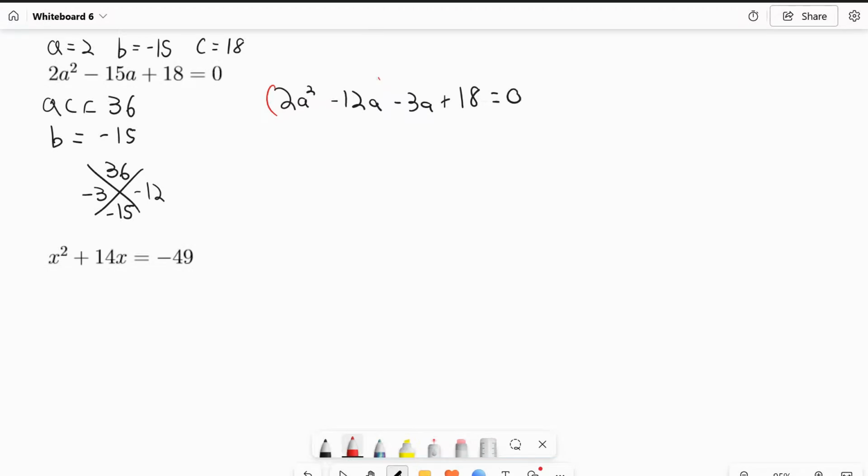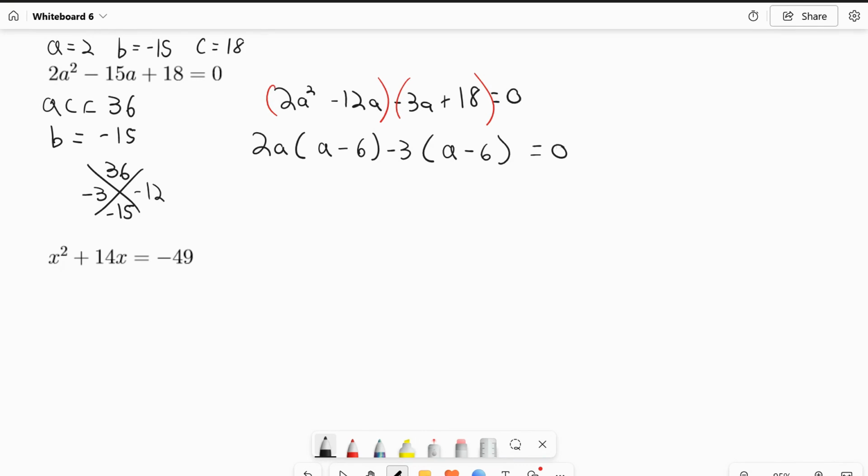Now I'm going to create a group with my first two and my last two terms. In my first two terms, my greatest common factor would be 2a, which leaves me with a minus 6. And in my second two terms, my greatest common factor would be negative 3, which would also leave me with a minus 6.